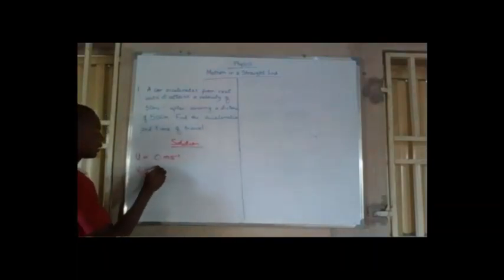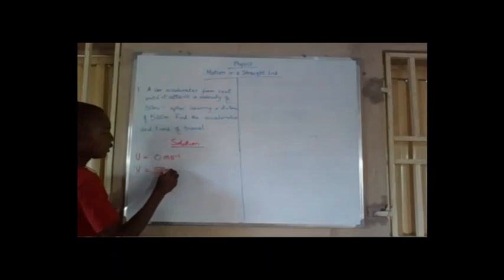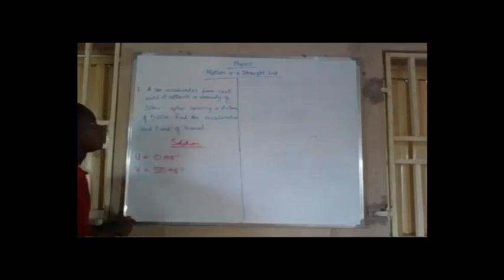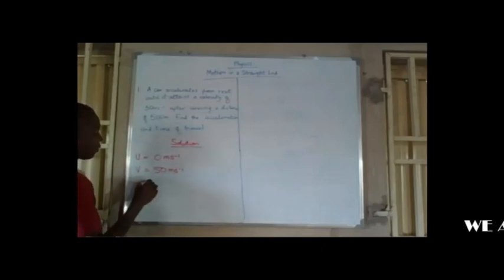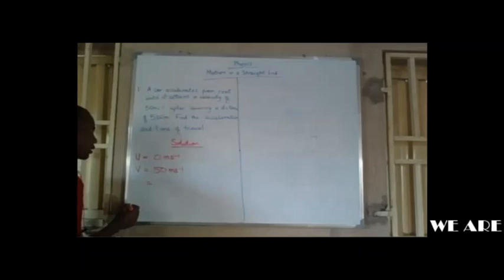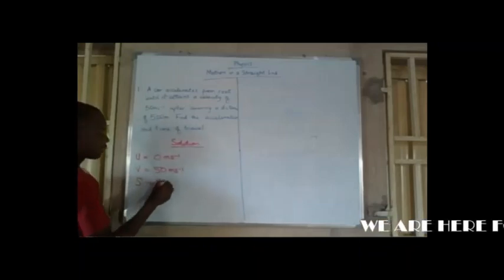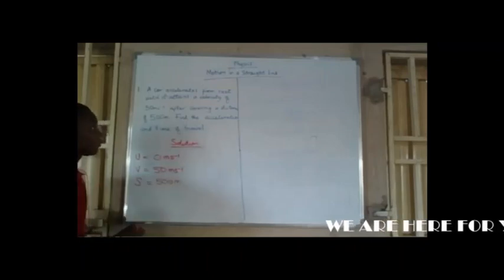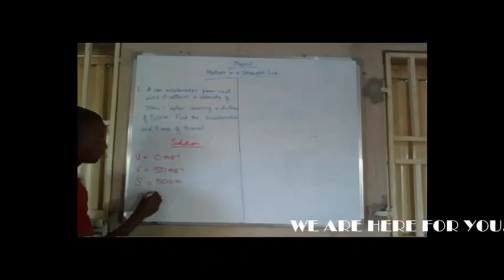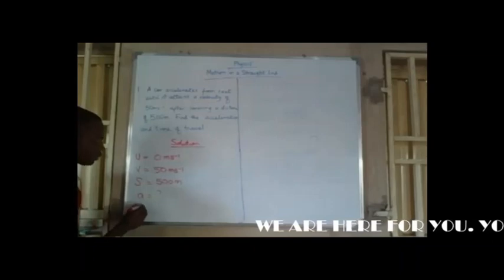It attains a velocity of 50 meters per second, so the final velocity is 50 meters per second. It covers a distance of 500 meters, so the distance is 500 meters, and we are asked to find the acceleration and the time of travel.